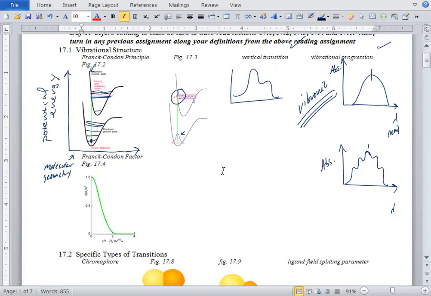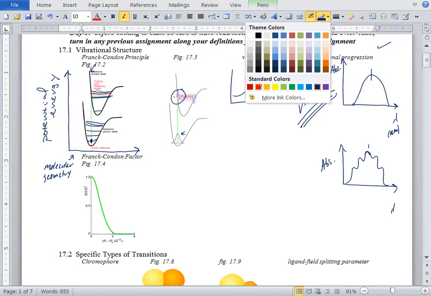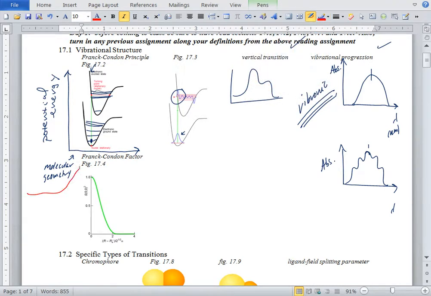Our Franck-Condon factor, there's a symbol for that. I think the book uses S, V, V prime, something like that. Maybe there's a comma there. But here are your vibrational quantum numbers. Let's clean this up.